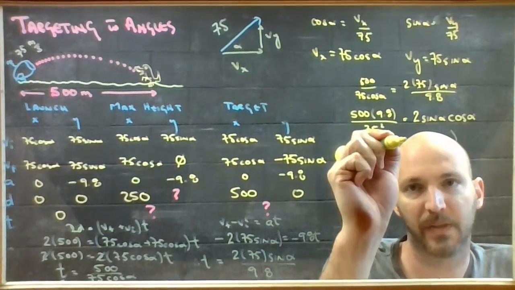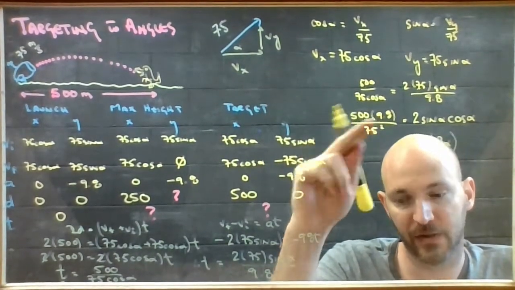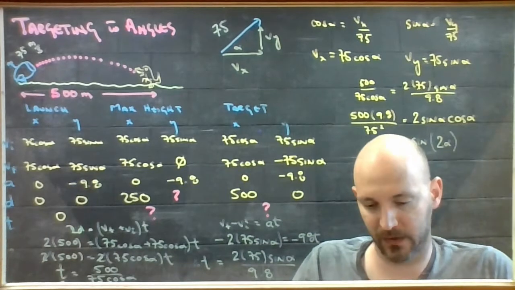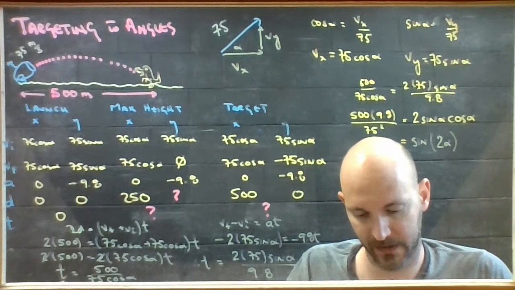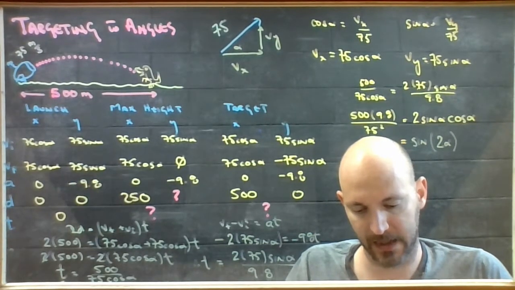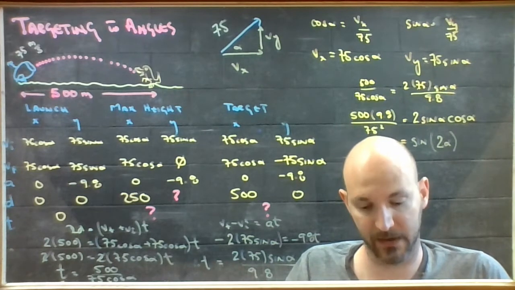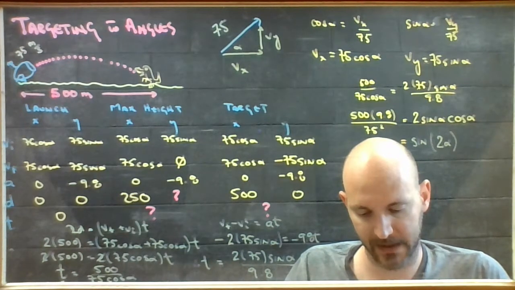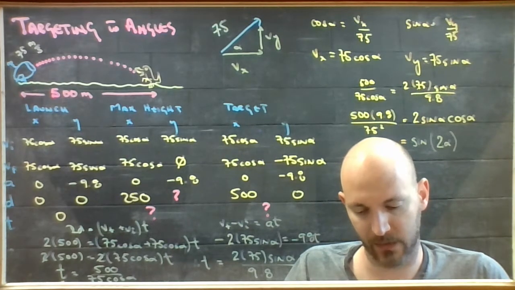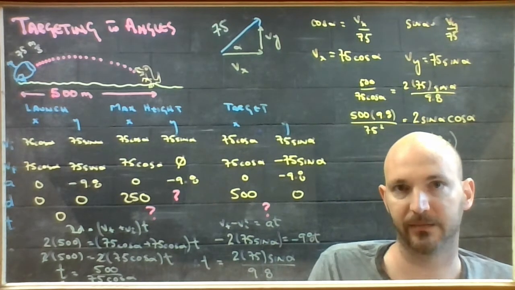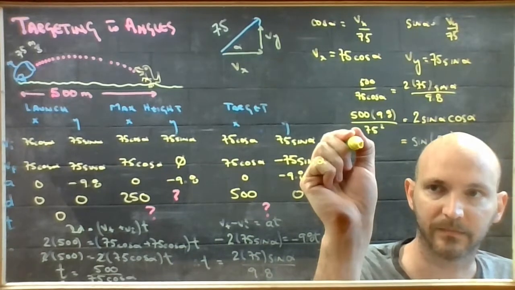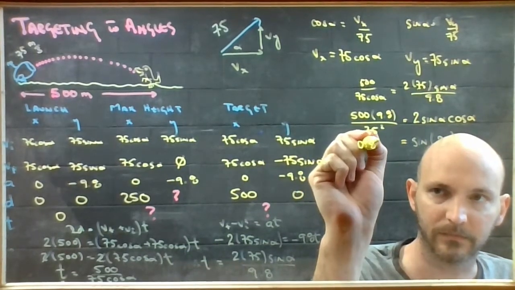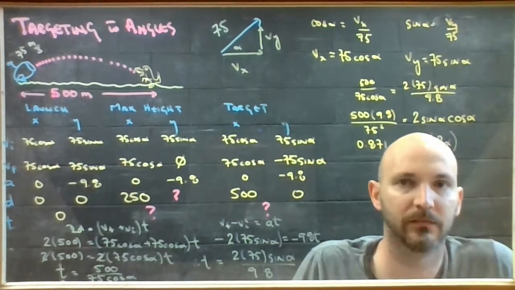So at this point, I'm going to actually evaluate these numbers. So let's see, 500 times 9.8 is 4,900 divided by 75 squared equals 0.871. All right.